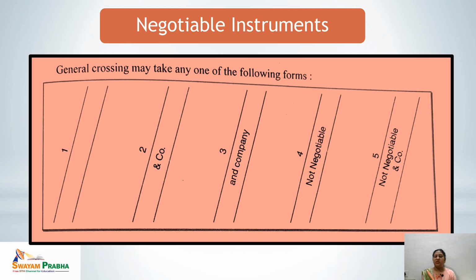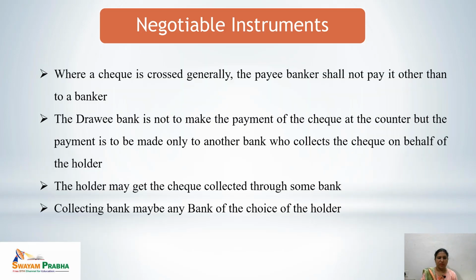In the fourth case, within the two parallel transverse lines, "not negotiable" is written. And in the fifth, "not negotiable" and "and company" are both mentioned, meaning both types of words are used. That means the two transverse parallel lines, with or without any words, "and company" or "not negotiable", make the check a generally crossed check.